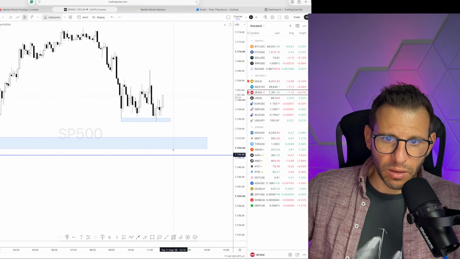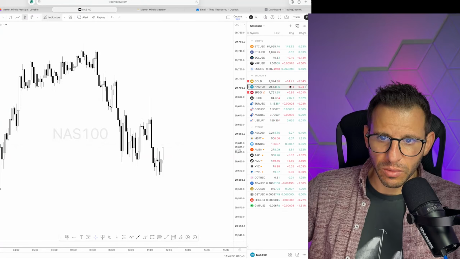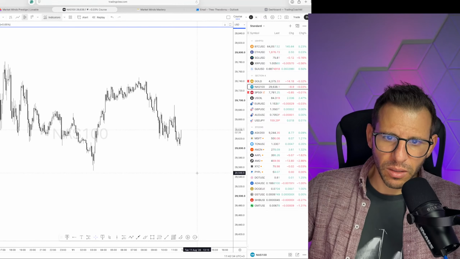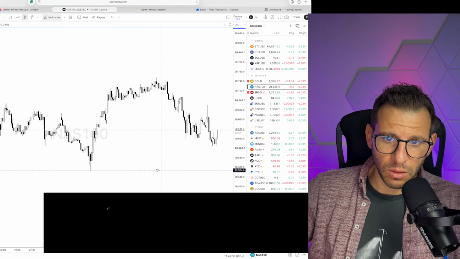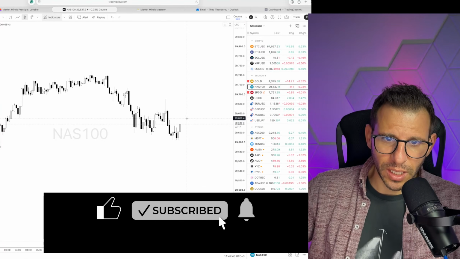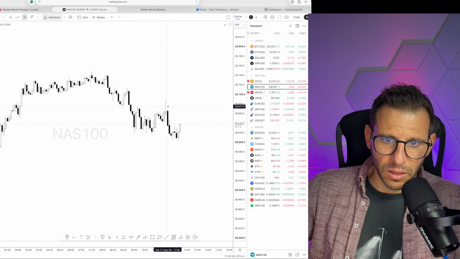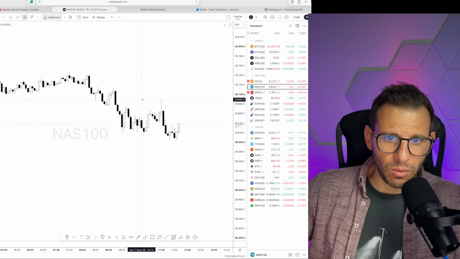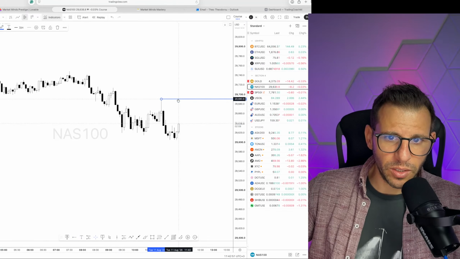So here, sales only below these key zones. Nasdaq looks better. Nasdaq didn't reach this support, so if we're going to get a catalyst here, I'm going to trade Nasdaq. This one didn't follow through, so to trade Nasdaq, I want to see the price below this zone here.